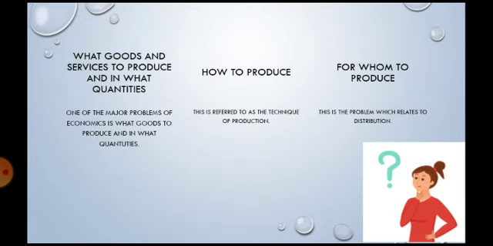Then the third one, that is the problem of for whom to produce. This problem relates to the problem of distribution.